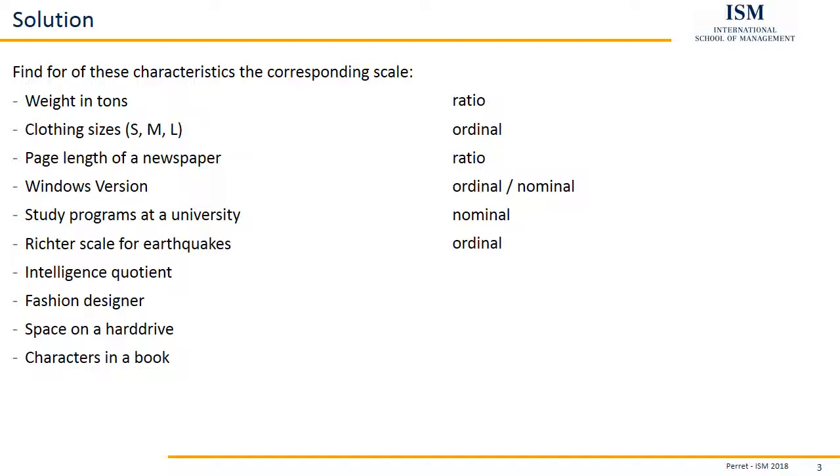And the advantage of the intelligence quotient, we can however say how far the distance is. So the distance between 90 and 100 is comparable to 120 and 130. Therefore, this is not only ordinal, this is also intervally scaled.